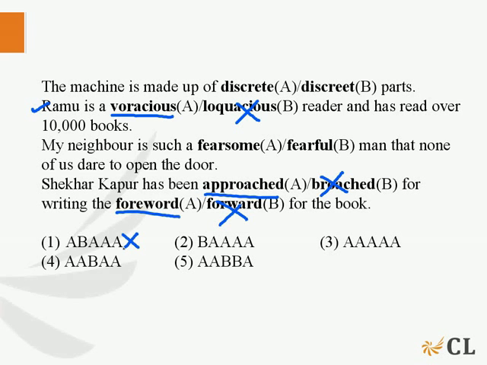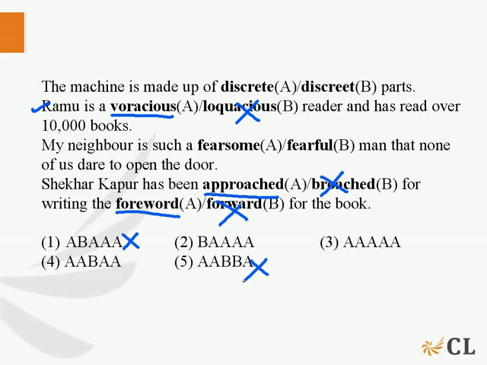If I look at 3, it cannot be eliminated as of now. If I look at 4, it also cannot be eliminated. If I look at 5th, it can be eliminated because it has a B in the 4th position. So we have eliminated 2 options. Now we are left with 3 options.